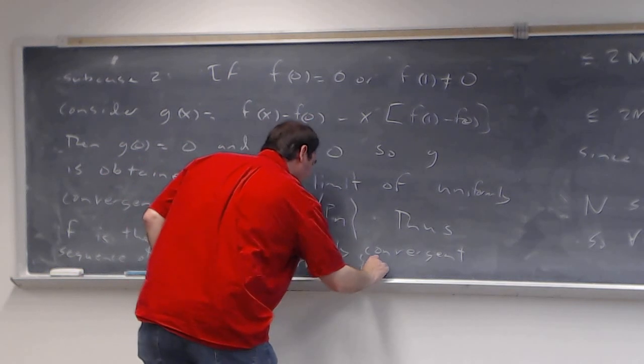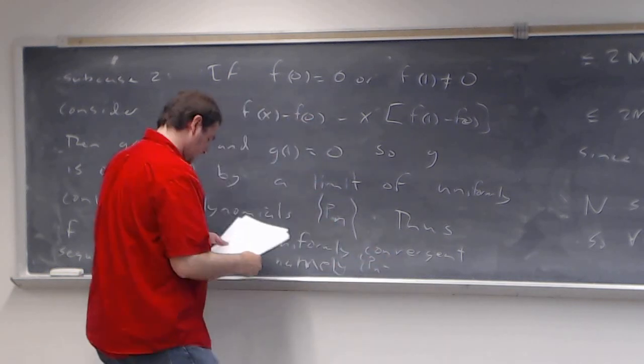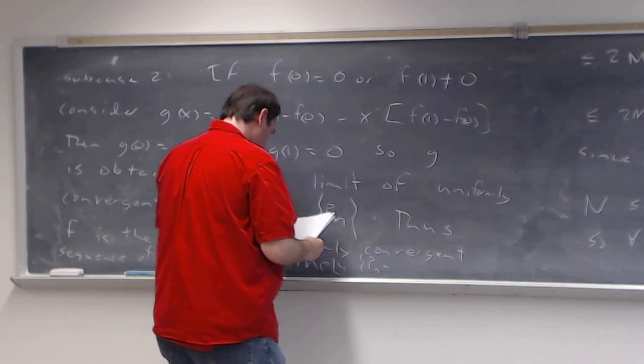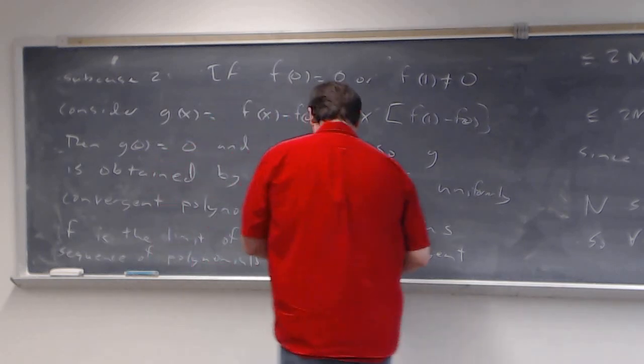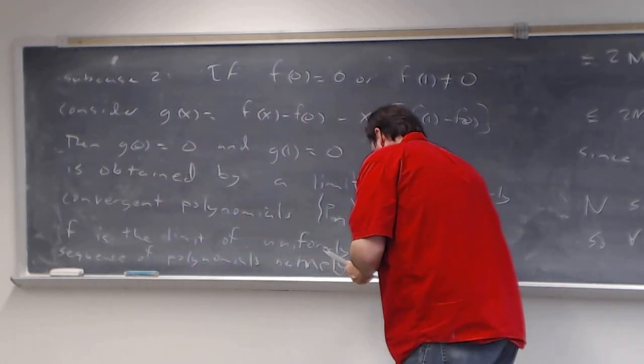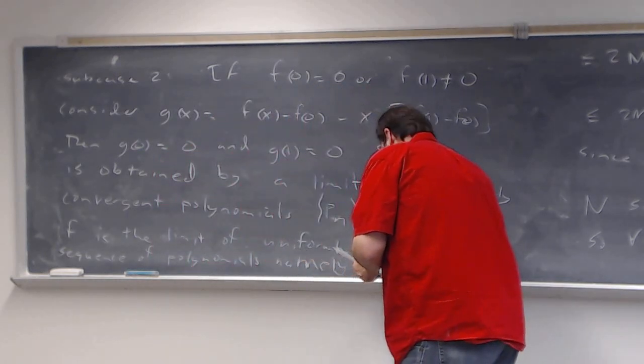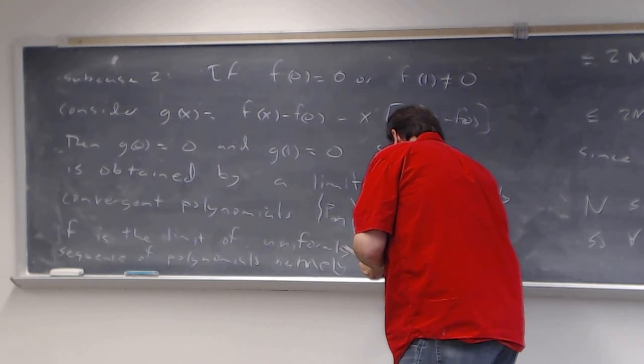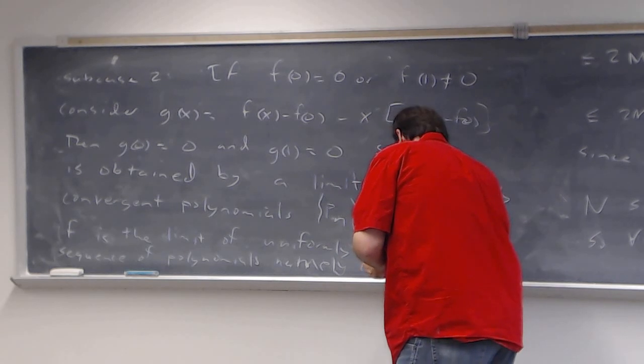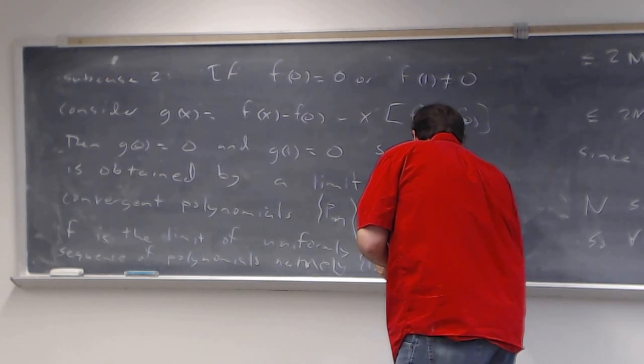I'm going to use P sub n plus, I should say, f of 0 plus x times (f of 1 minus f of 0).